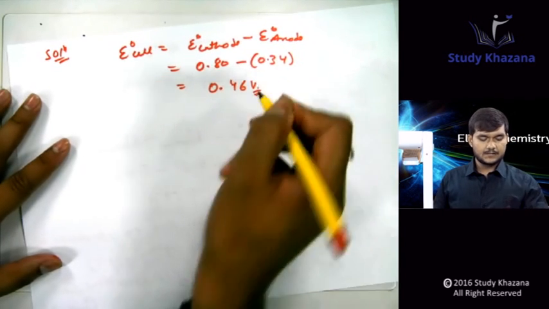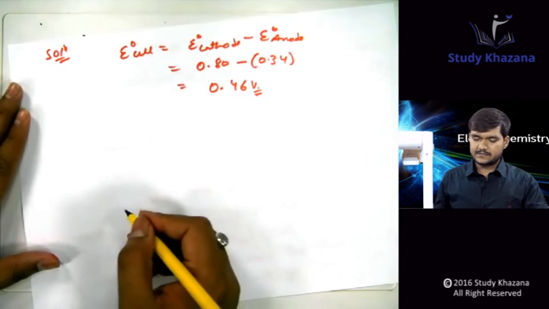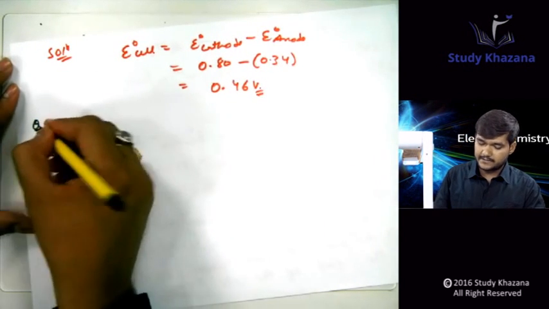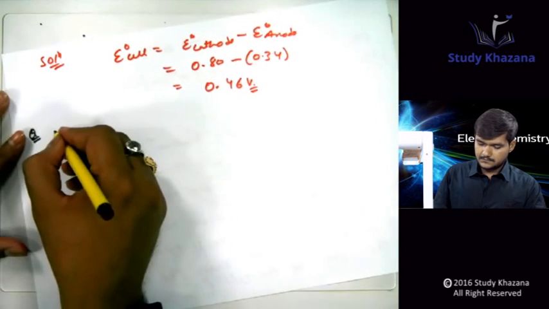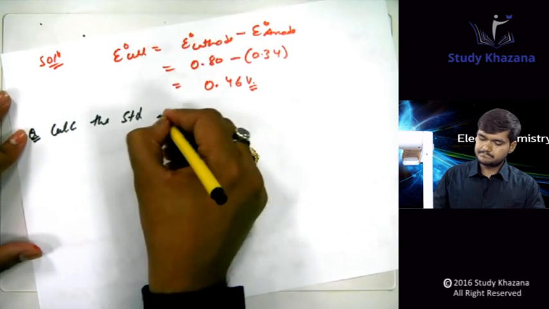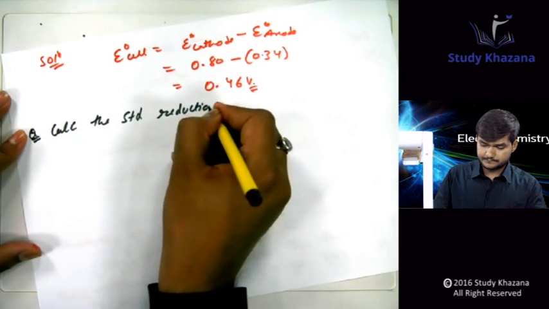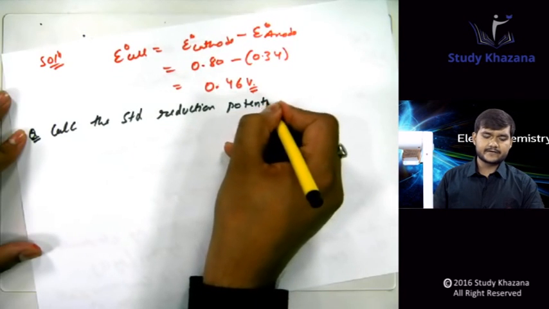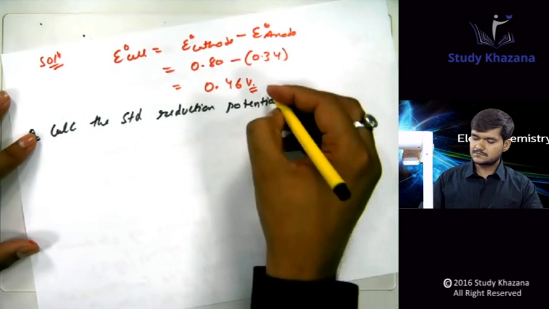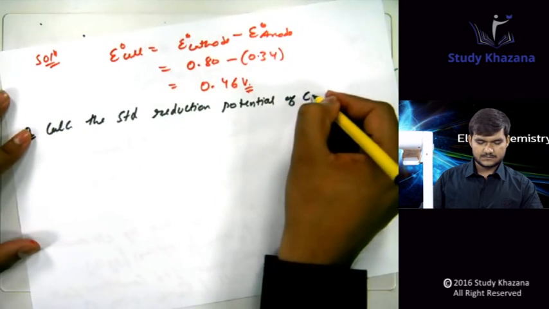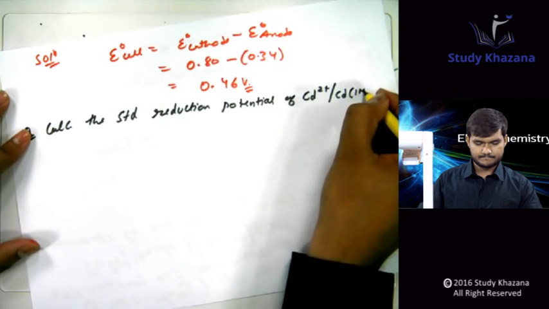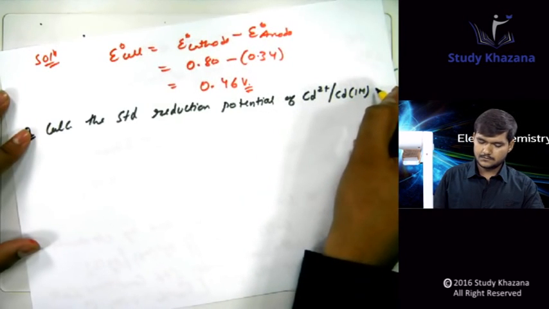Okay. Now let me discuss with you another question. That question says calculate the standard reduction potential of the Cd2 plus, Cd 1 molar electrode.